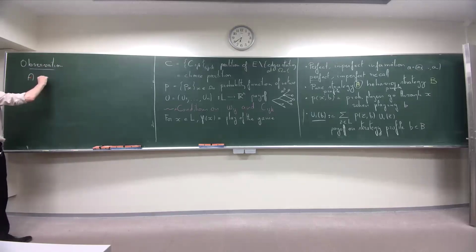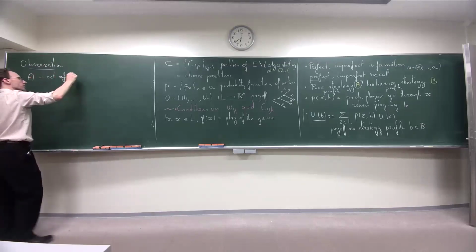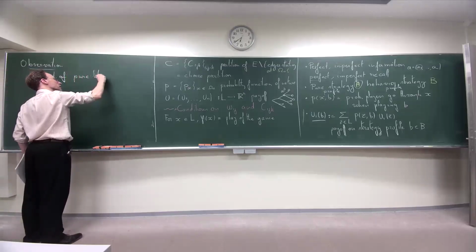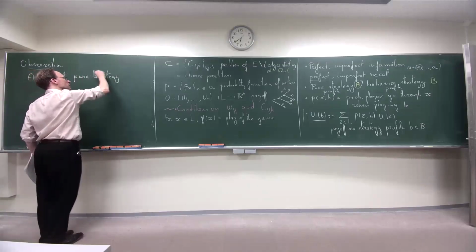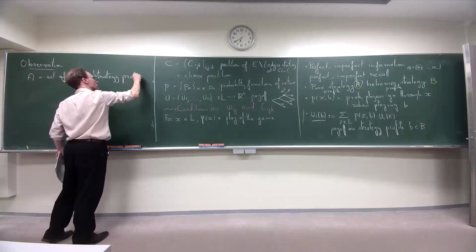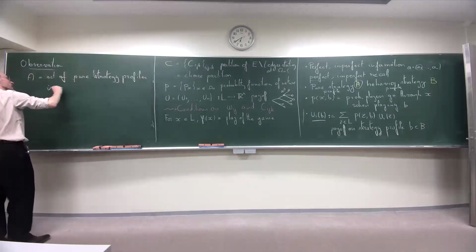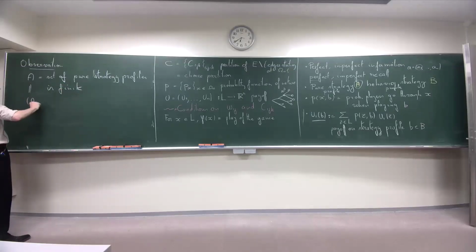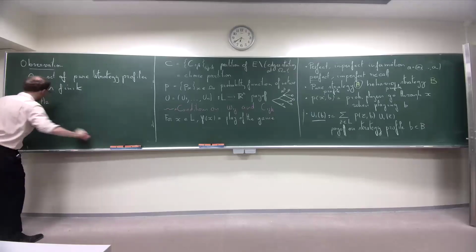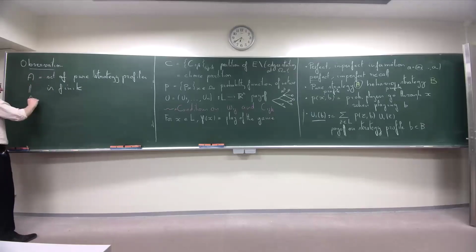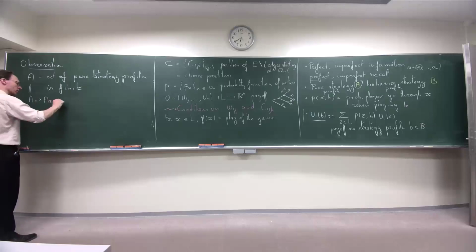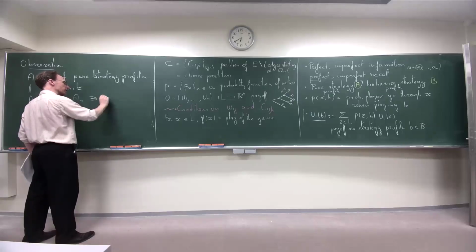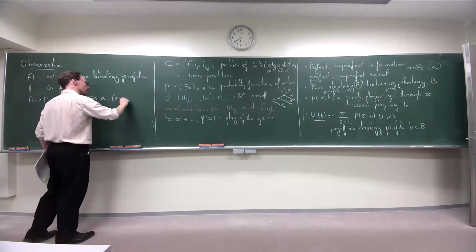A, which is a set of pure strategy profiles, is finite. And it's made of A1 times A2, up to AN, the product, because each element has n components.